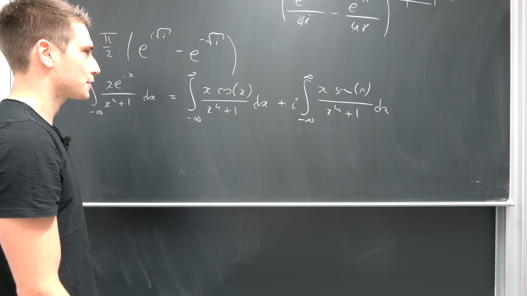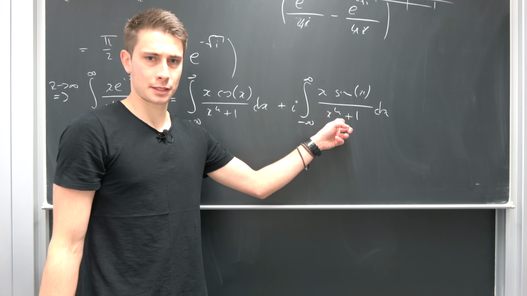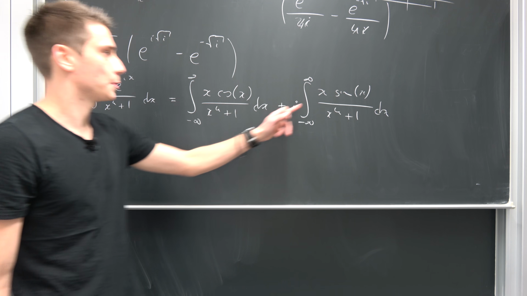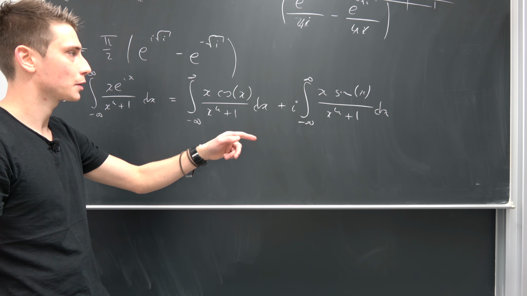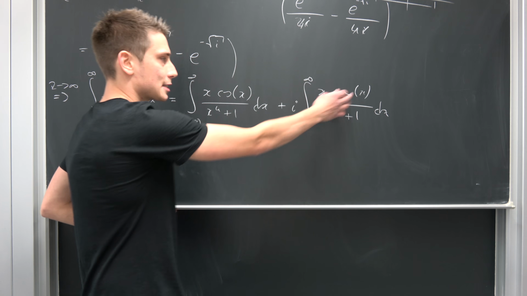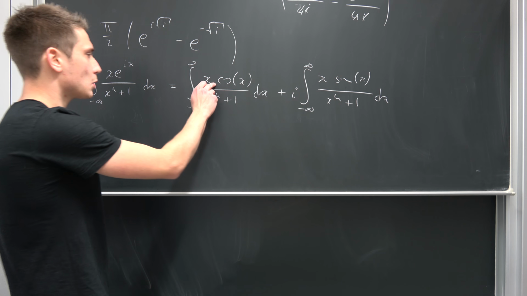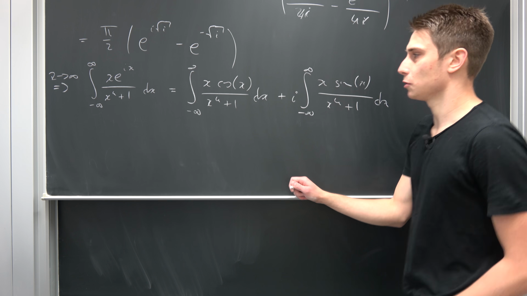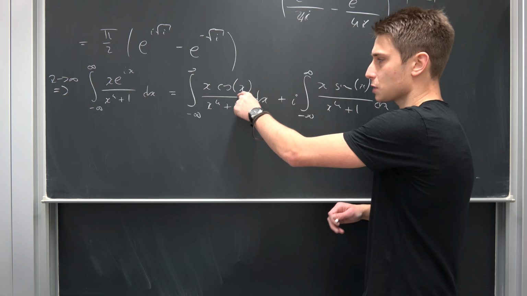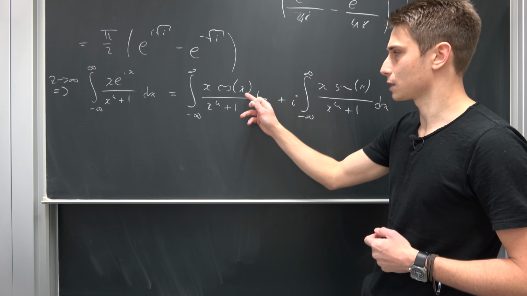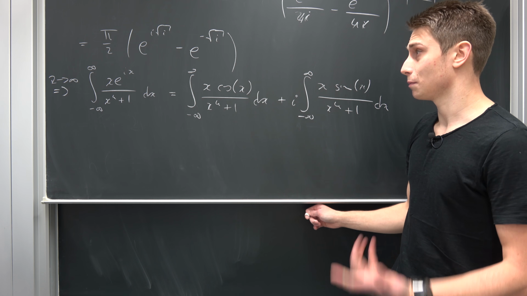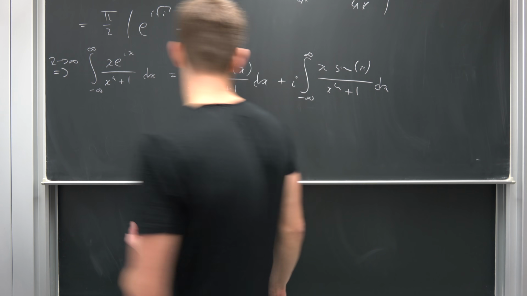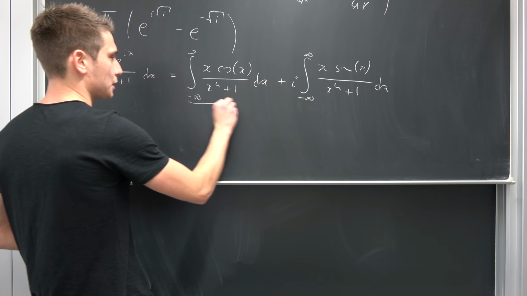Actually you see, this one right here was an even integrand just because the sine of x is going to turn into negative sine of x when checking this property, and this is going to be even in the end. But this one right here is going to be odd because if I put negative x in here, cosine of negative x is just the cosine, so this is just the negative of this integrand, meaning this right here should be 0 overall because we are integrating over a symmetric interval.